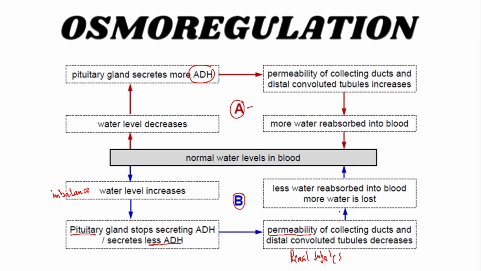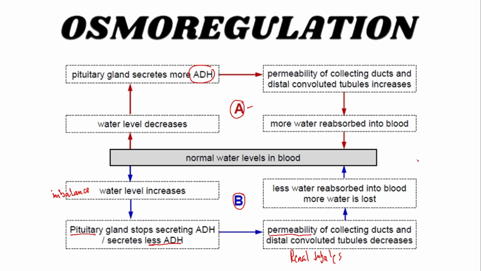Less water is reabsorbed into the blood and more water is lost, because can you see that the water levels are increasing? They are high and you want to get rid of them. You want to restore balance. So the excess water will leave via the urine, and less water will be reabsorbed into the blood.